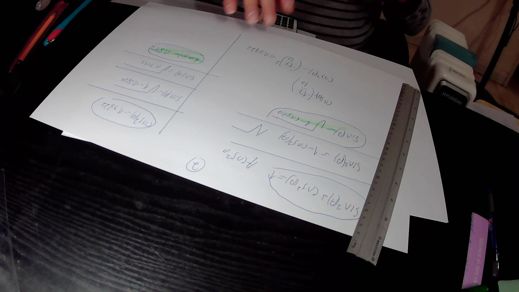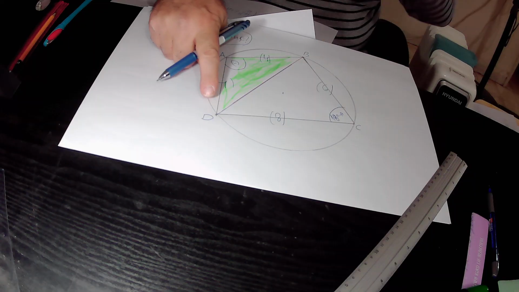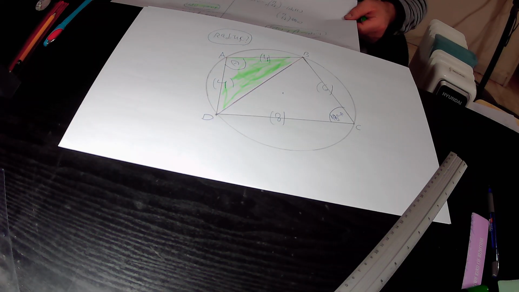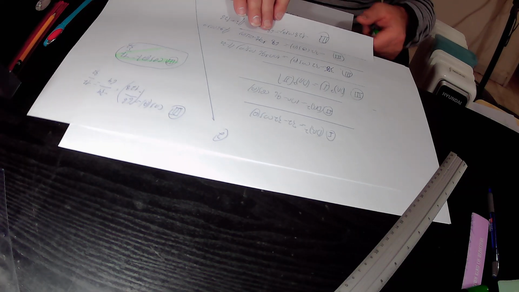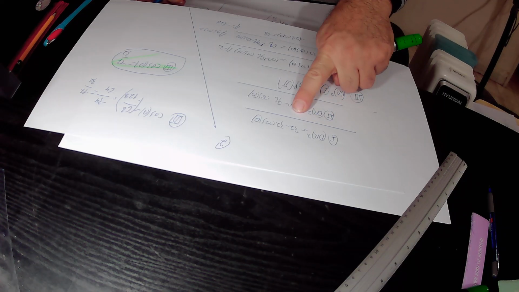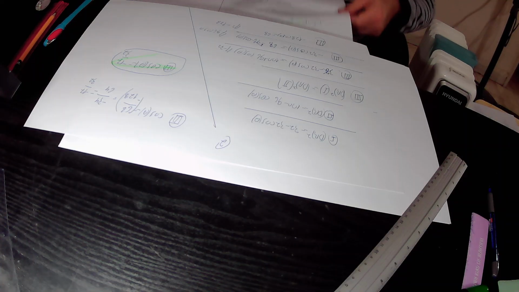What is the length of this side BD? According to equation 1, we found out that DB squared equals 32 minus 32 times cosine theta. So I copy this equation here.